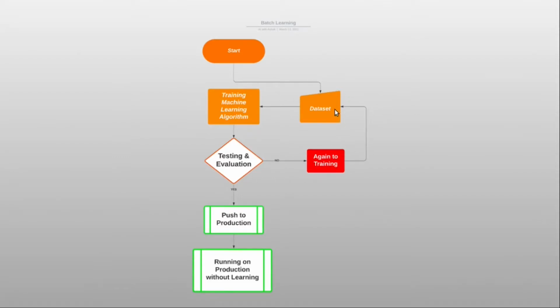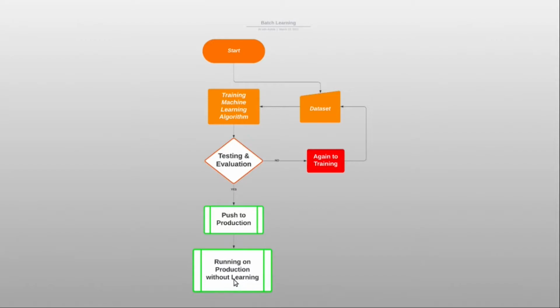It goes for training again with the same dataset, but by using different learning algorithms or tuning the hyperparameters. The model is trained again on the same dataset, then tested and evaluated again. At the point of testing, if the model works fine, then it goes to production and runs on production without learning.